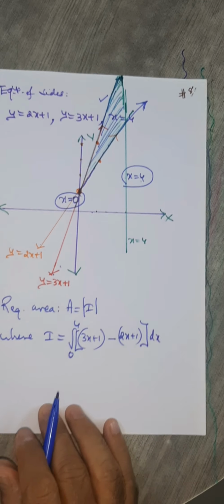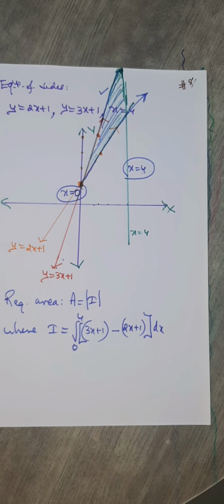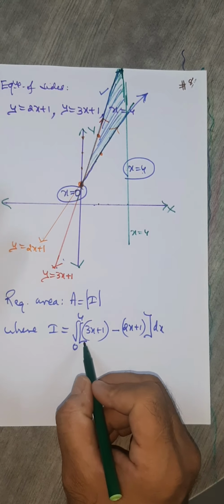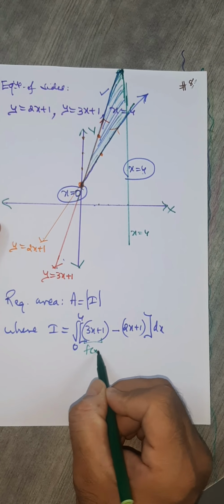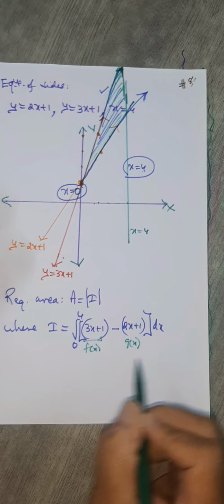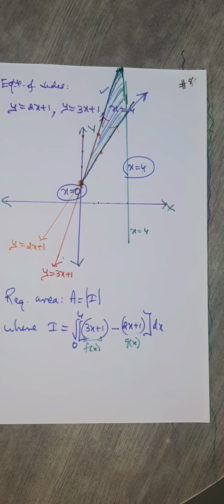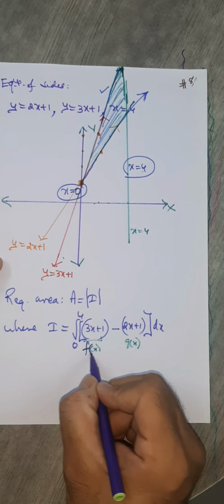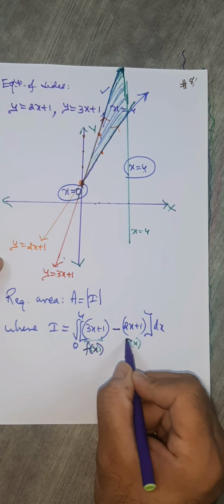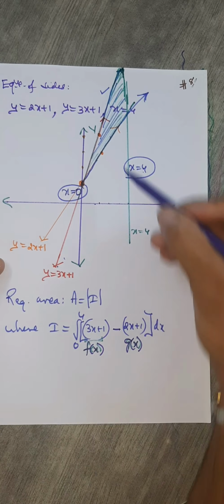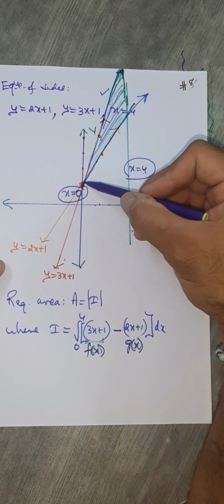Have you understood which formula I've used? Are you clear with this or any confusion? I've used which formula? fx minus gx. I've used this, remember. fx minus gx. This is fx, this is gx. This is the area between these two functions.